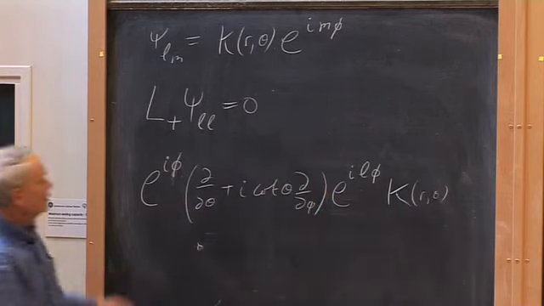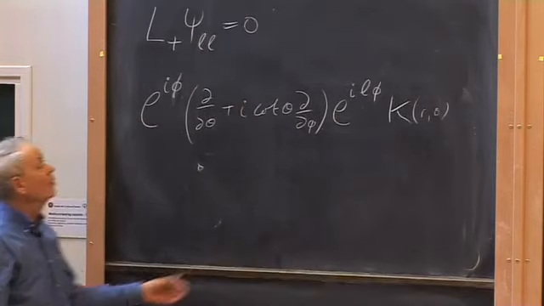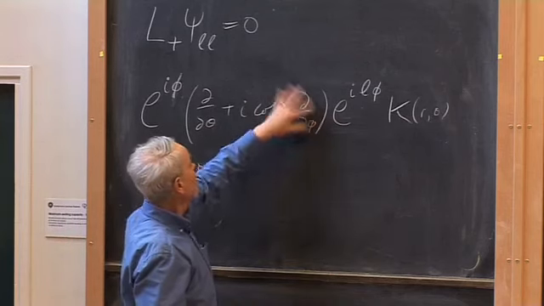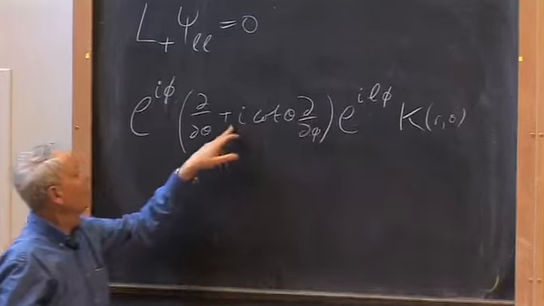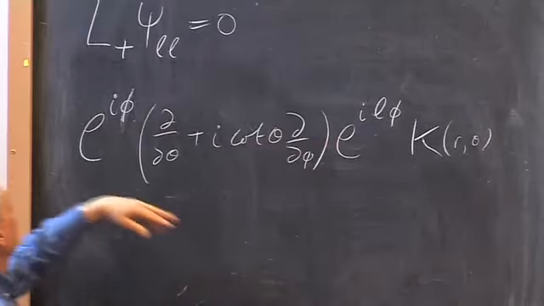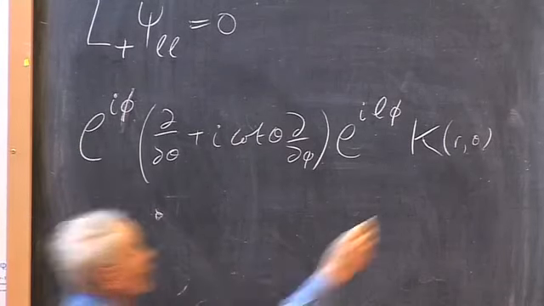Especially it depends on theta. The r dependence we don't care about because we've got no differential operators here with respect to r. So this term looks only at that and brings down an i l.